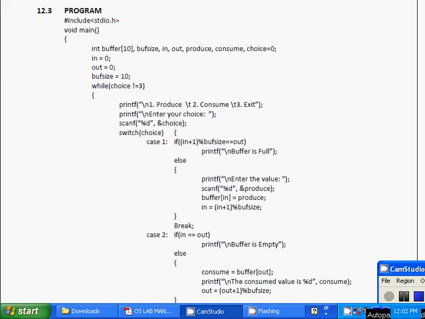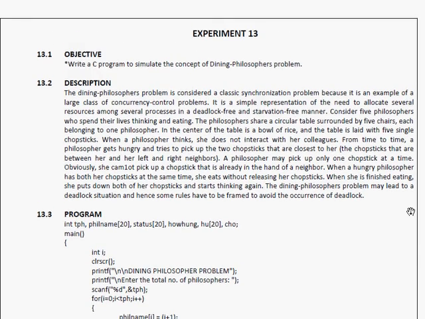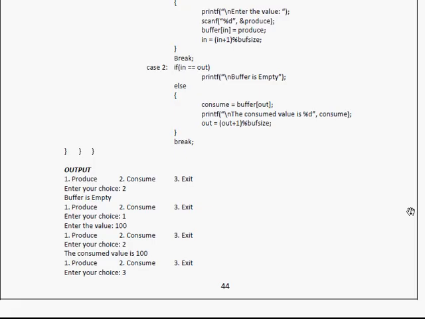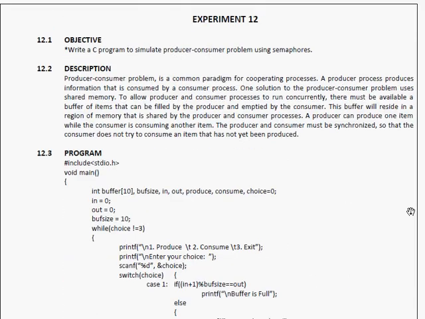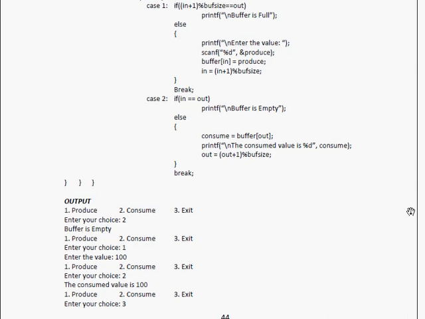The next time the producer puts data into the buffer, it wakes up the sleeping consumer. An inadequate solution could result in a deadlock where both processes are waiting to be awakened.